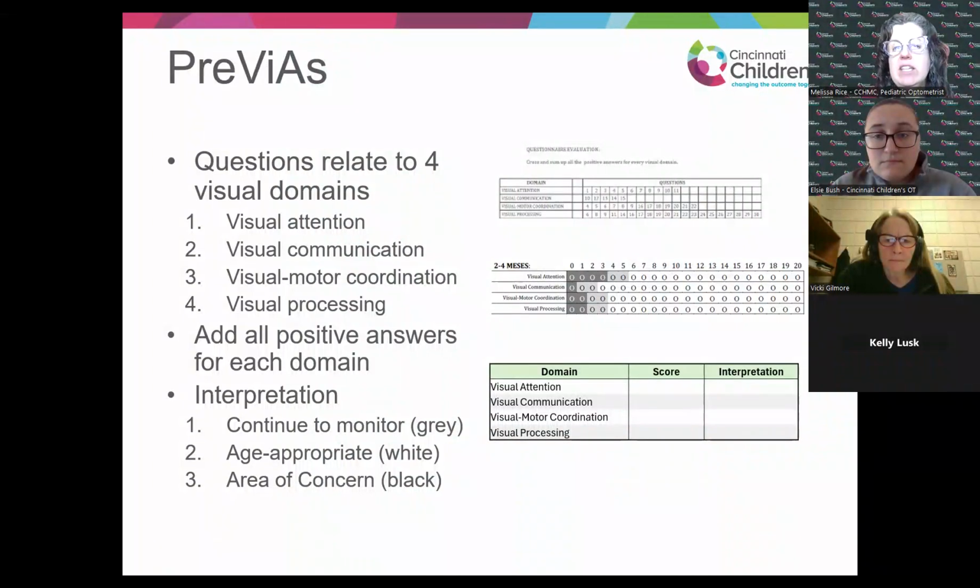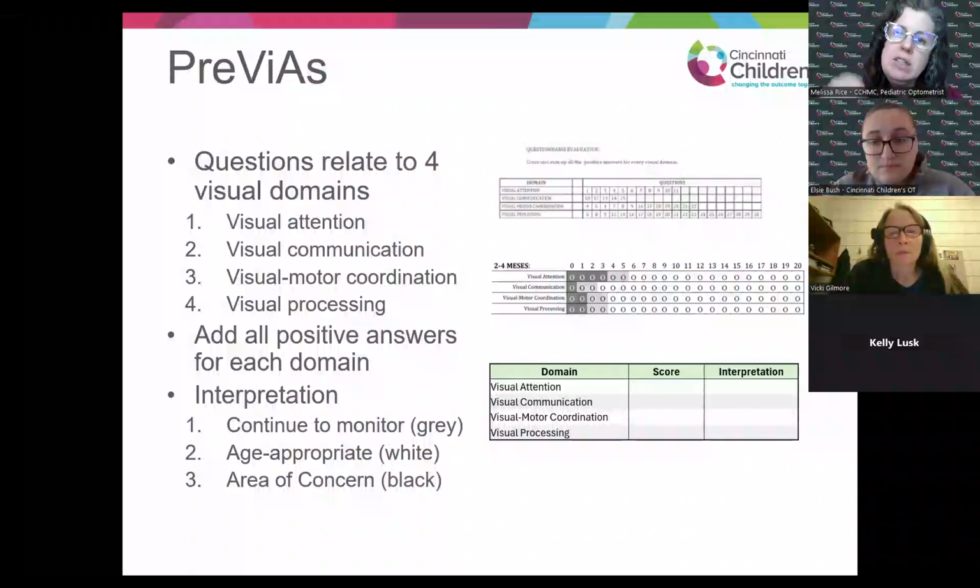Then you just total up all the positives, and the second little picture says 2 to 4 months. This was designed in Europe, so you go through and say, okay, on the first one they got 3 yeses. So you go to the number 3 and you click that, but you're in a darker gray zone, which we call black, area of concern.